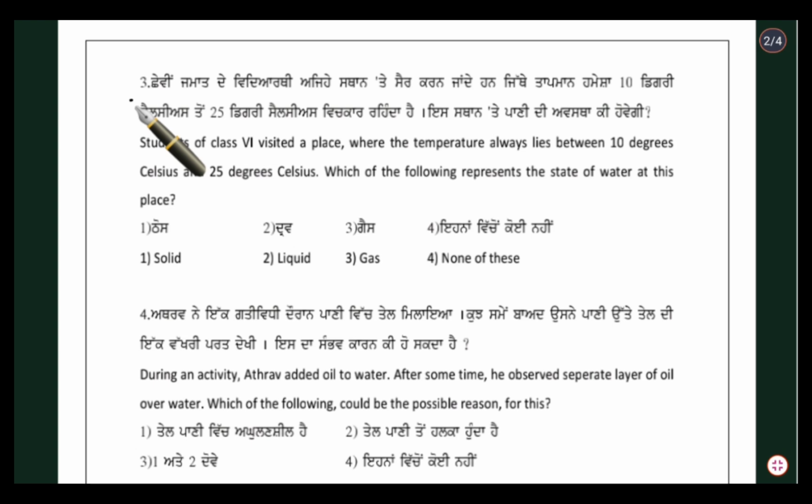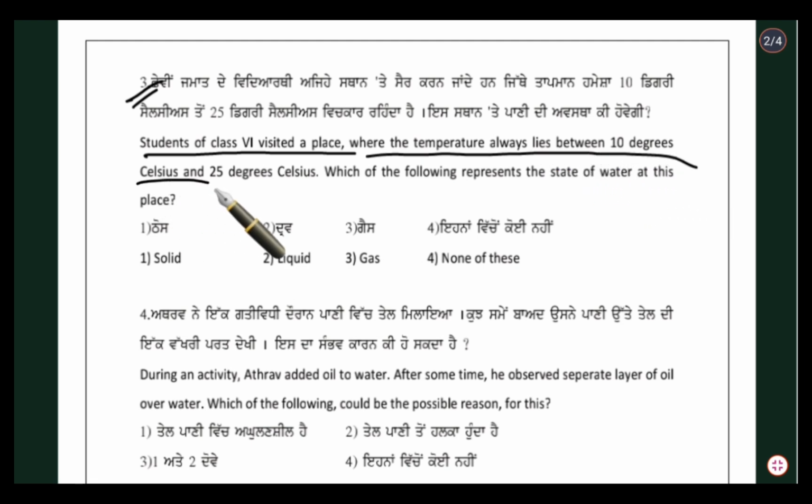So question number 3 is, students of class 6 visited a place where the temperature always lies between 10 degrees Celsius and 25 degrees Celsius. Which of the following represents the state of water at this place?